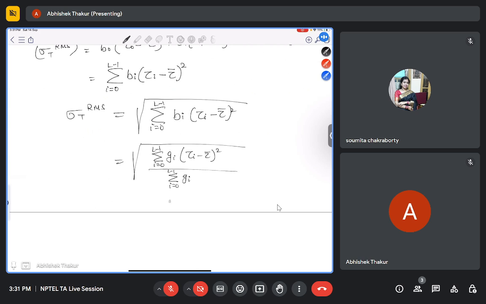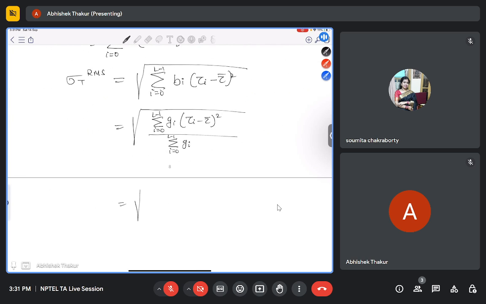And also when you write in terms of A, the equation will be the summation for i equal to 0 to L minus 1, where Gi is basically mod of Ai square, that is the power of the ith component, times (tau i minus tau bar) square, divided by the summation of i equal to 0 to L minus 1 of mod of Ai square. So this is the formula of RMS delay spread.